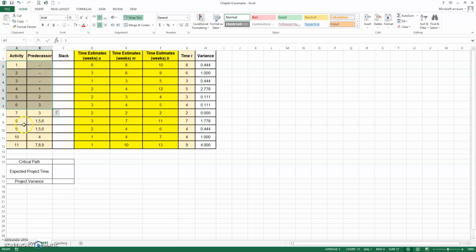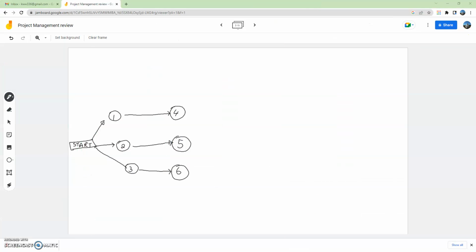These other activities, especially activities 8, 9, and 11, you can see that they have multiple predecessor activities. So those are going to be a little tricky to draw. So activity 7 also happens after activity 3. We're going to extend this a little bit just for the purpose of our diagram. There's activity 7. Activity 8 occurs after activities 1, 5, and 6.